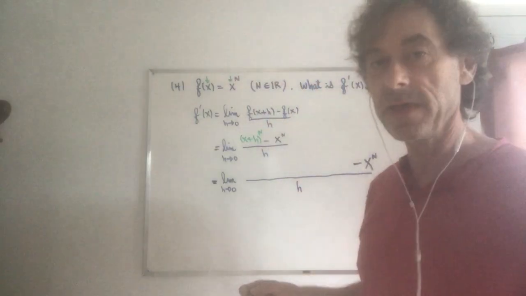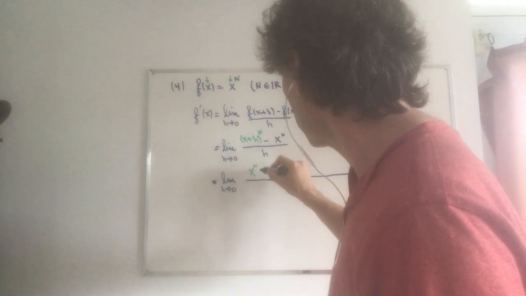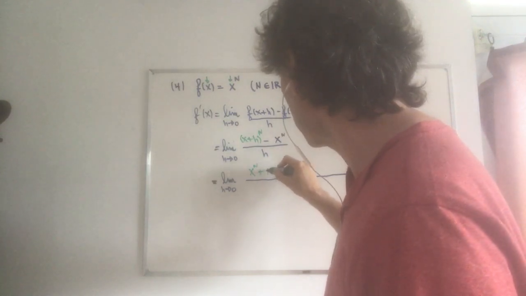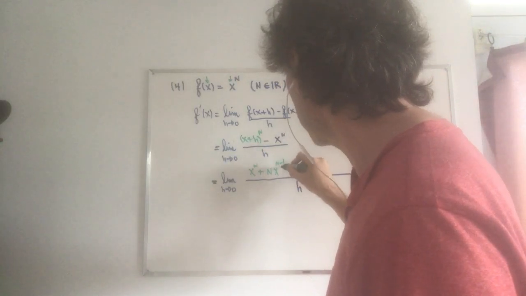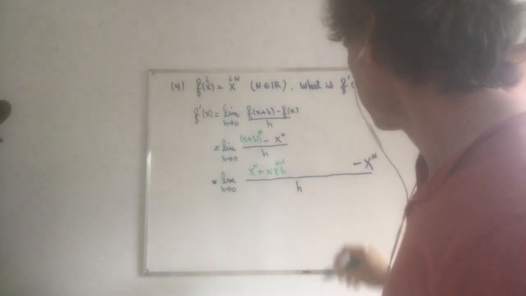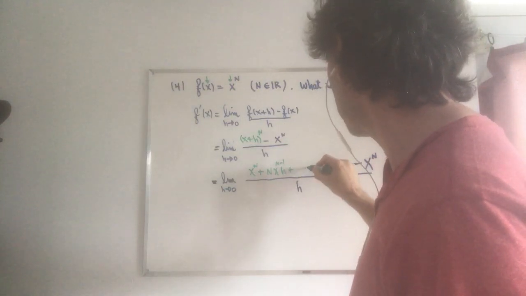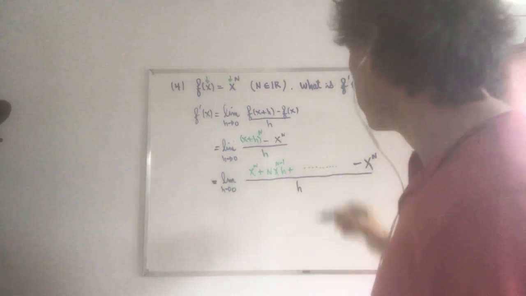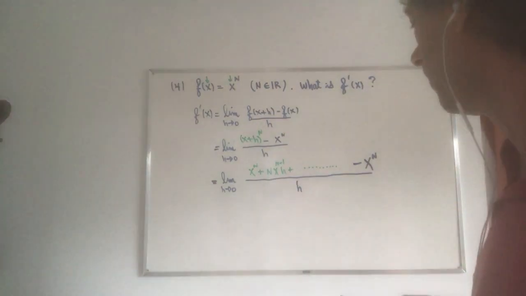So if I develop that in green, I'm going to get x to the n plus n x to the n minus 1 h plus a bunch of terms that will all contain some sort of an h thingy.